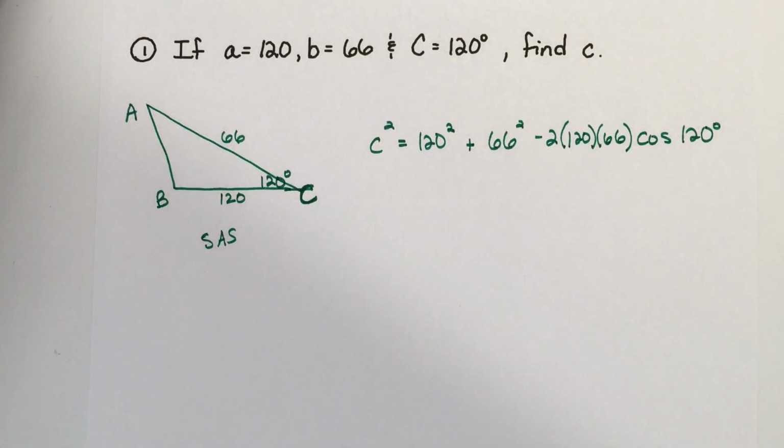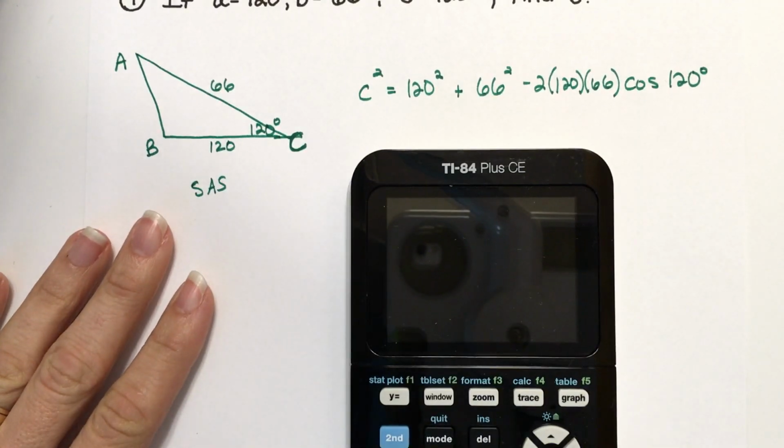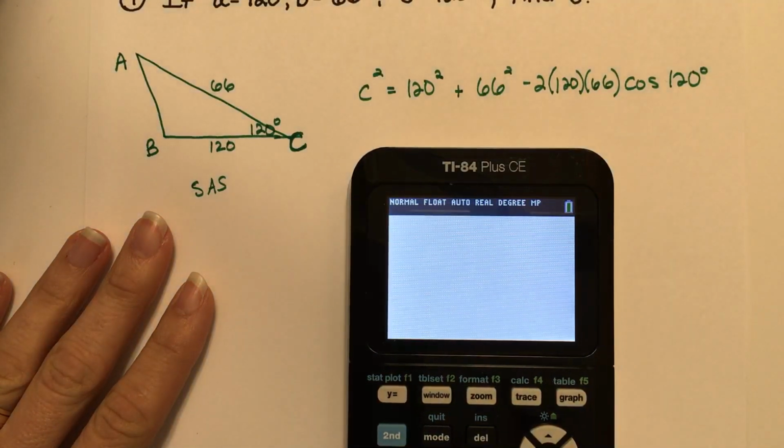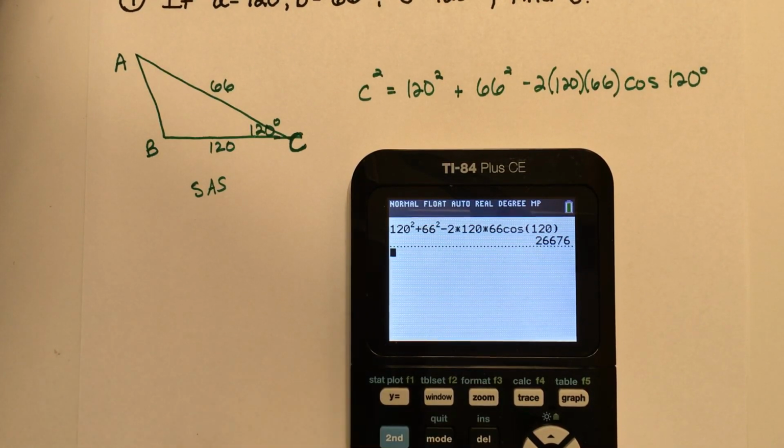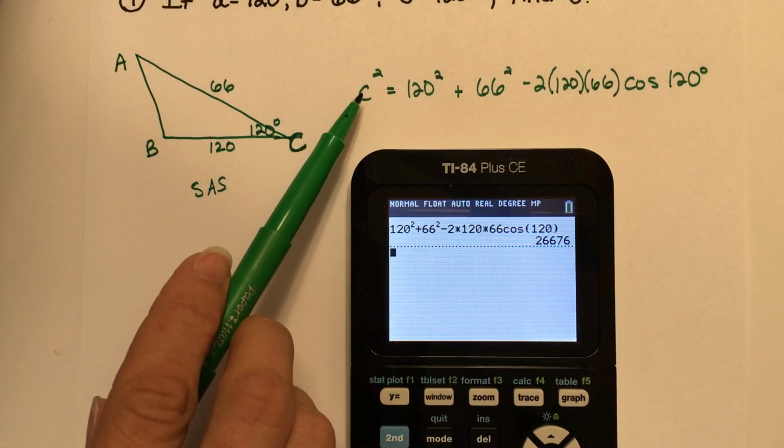Now when you put this in your calculator, here's what you can do. Type in 120 squared plus 66 squared minus 2 times 120 times 66 cosine 120. That's going to be what c squared is equal to.